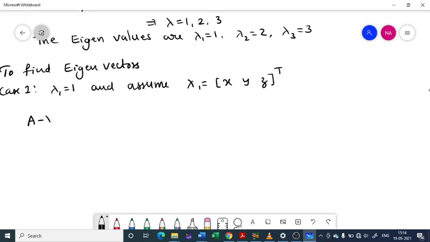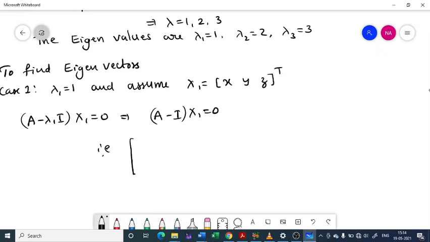Now (A minus lambda 1 I) times x1 equal to 0 implies A minus I into x1 equal to 0. I'll directly write the matrix. I have to subtract 1 from the diagonal entries.